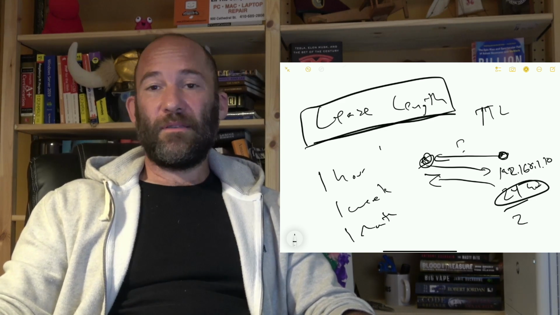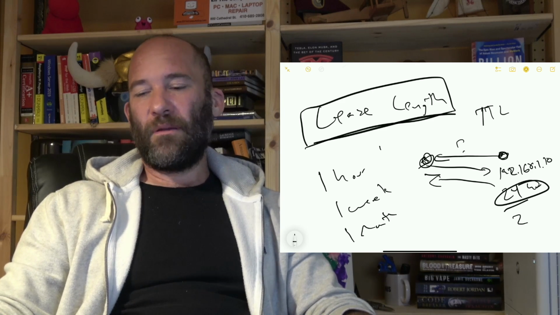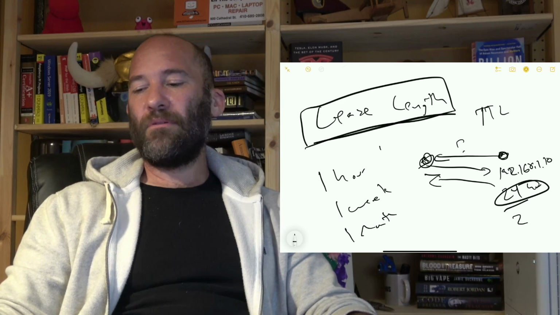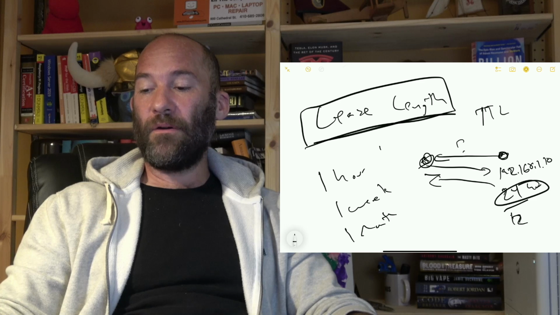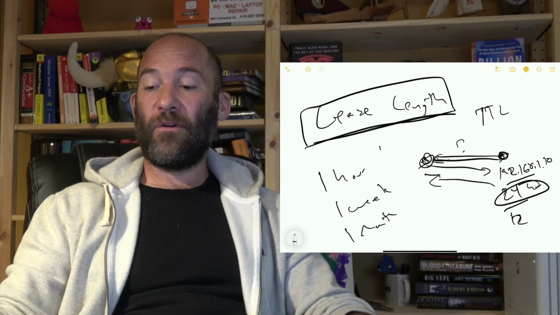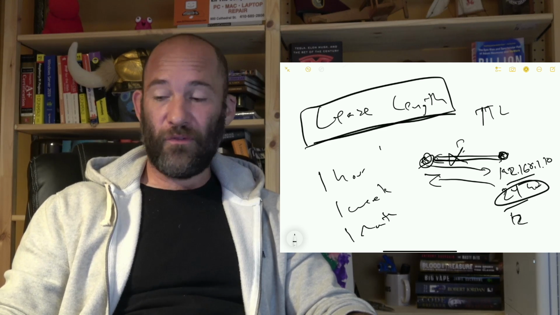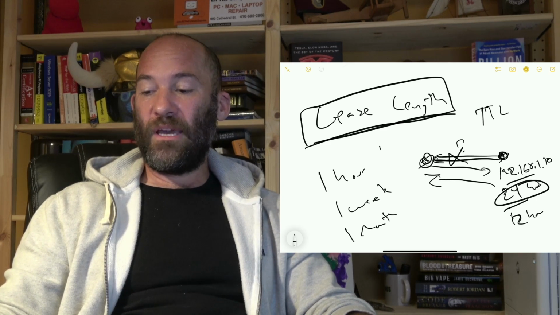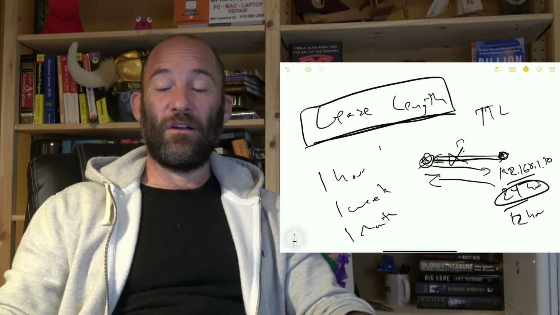What happens with this, though, is again with computers and network communication, it doesn't always work properly. So after 12 hours, your client computer is going to communicate with the DHCP server. If that does not occur for some reason, then it will keep the lease length as it currently is.